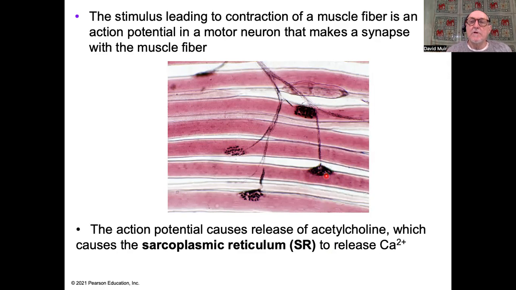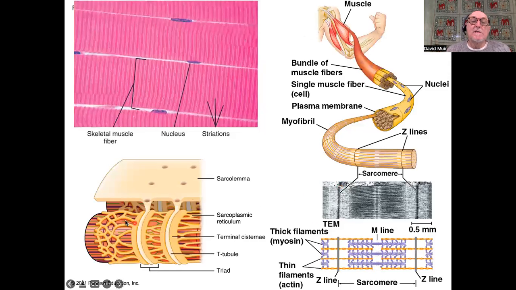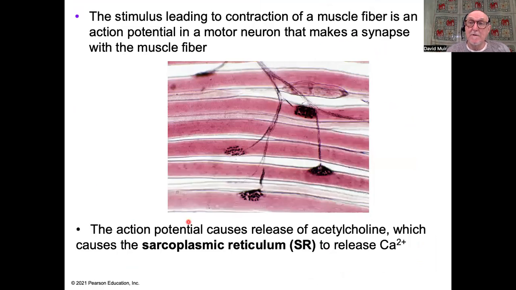And the neurotransmitter that it uses is called acetylcholine. When acetylcholine is released onto the muscle fiber, it causes the sarcoplasmic reticulum to dump all of its calcium onto the myofibrils. And that is what induces the contraction.